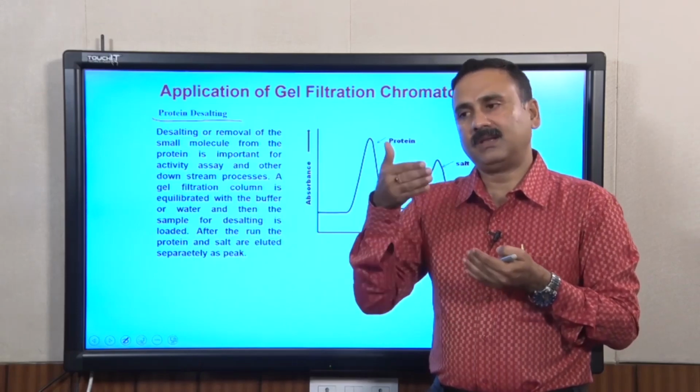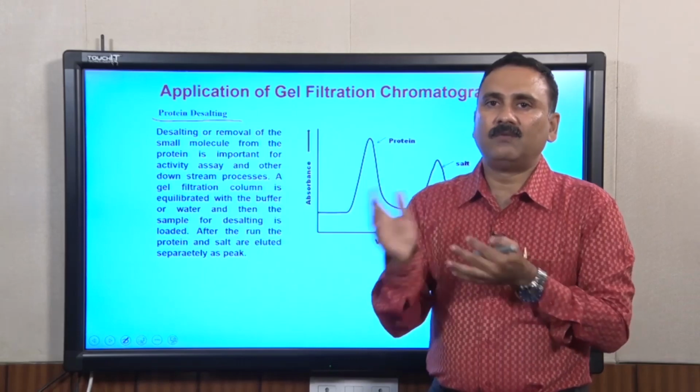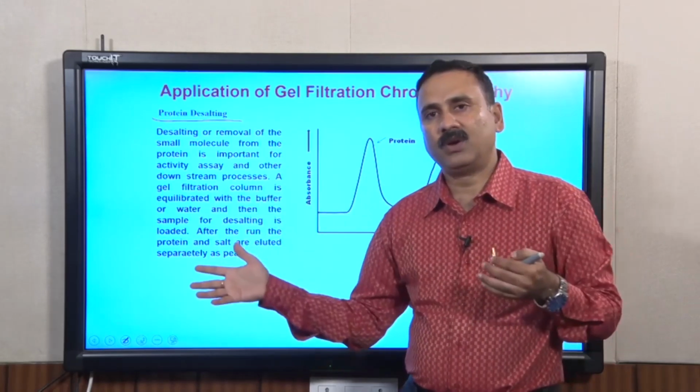If you do a dialysis, the salt is going to be exchanged along with the water, and that is how the water will come in and the salt is going to be removed.